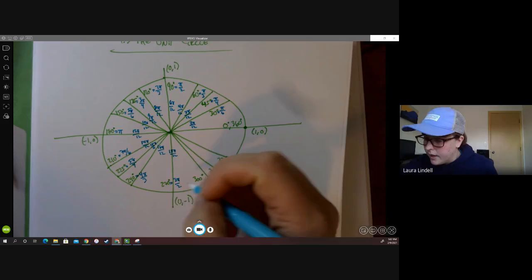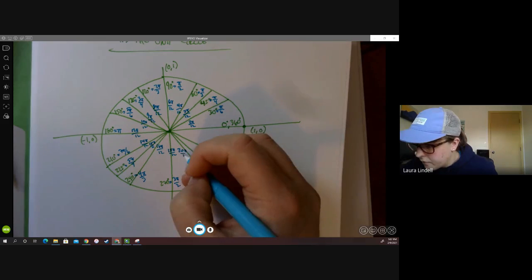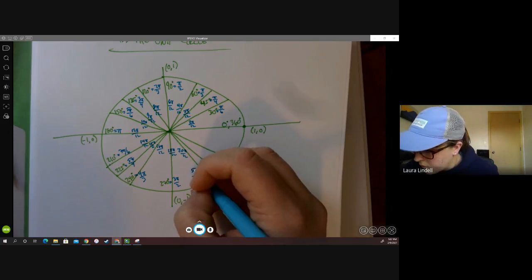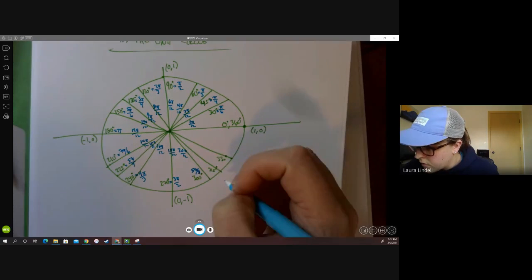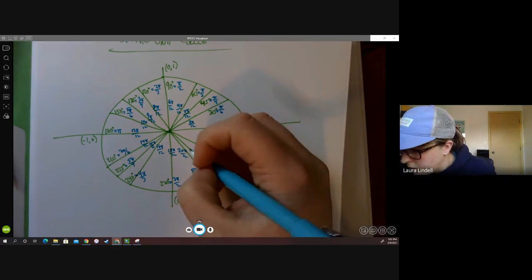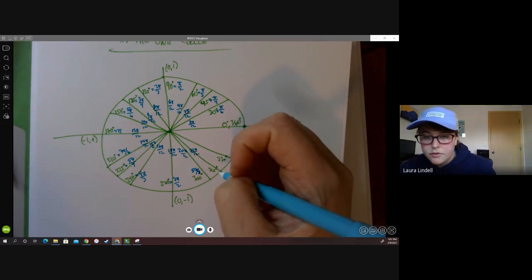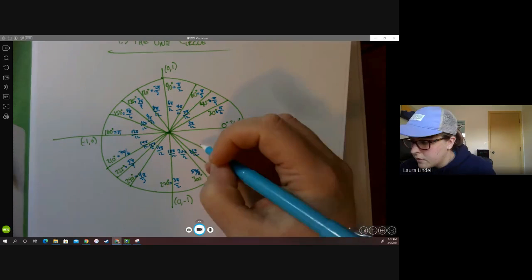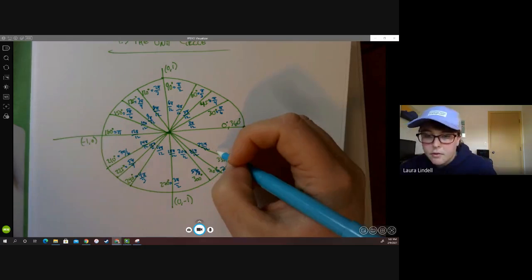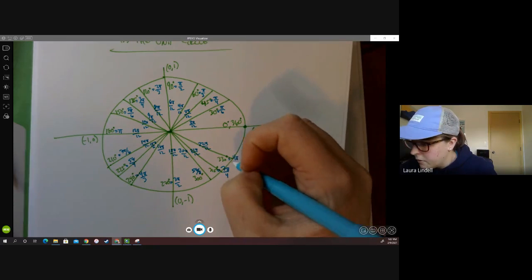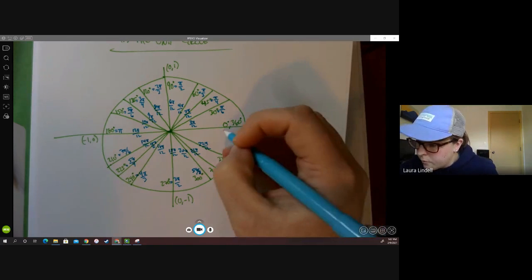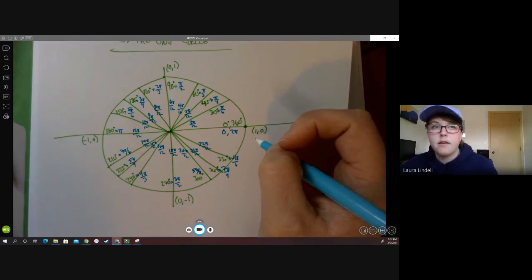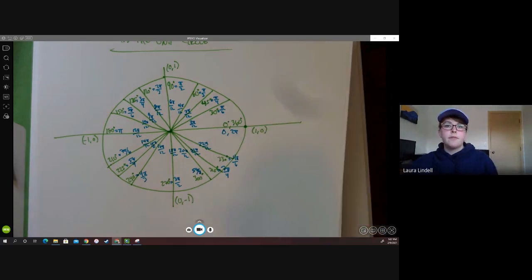And then 20 pi over 12, which reduces to 5 pi over 3. And then 21 pi over 12, which reduces to 7 pi over 4. 22 pi over 12, which reduces to 11 pi over 6. And then we're back to the beginning again where we have 0 and 2 pi, because 2 pi is all the way around the circle.